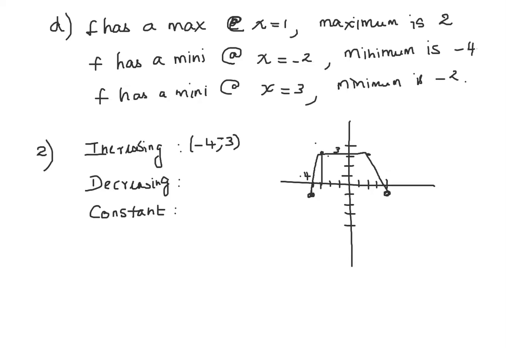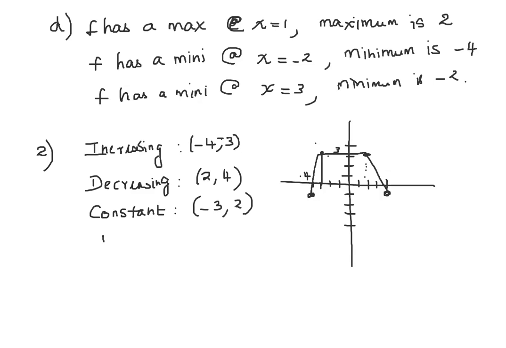And then it's decreasing from 2 to 4. You have to look at only the x values, and it's constant from -3 to 2.